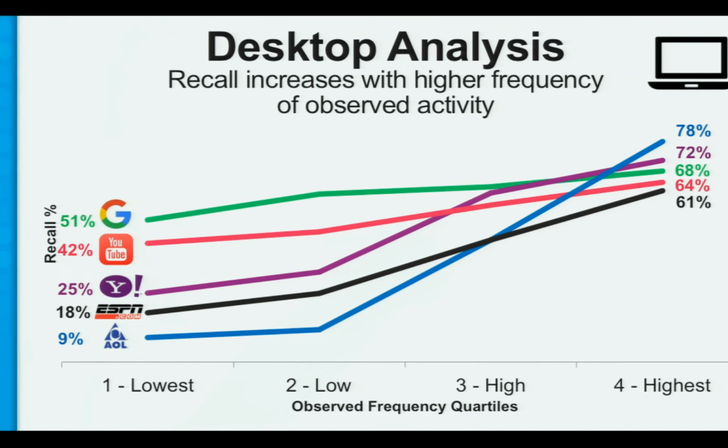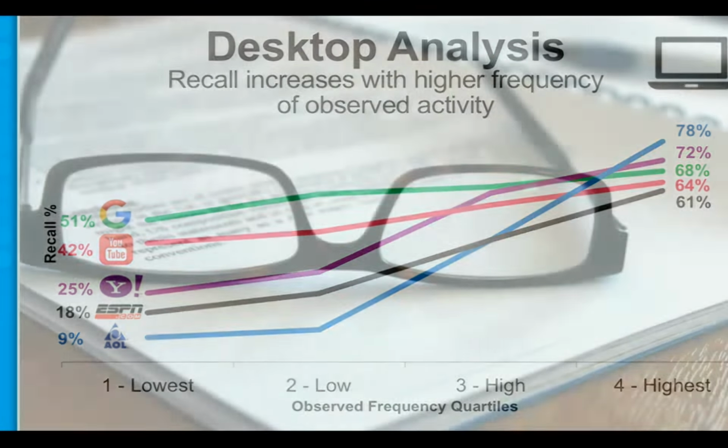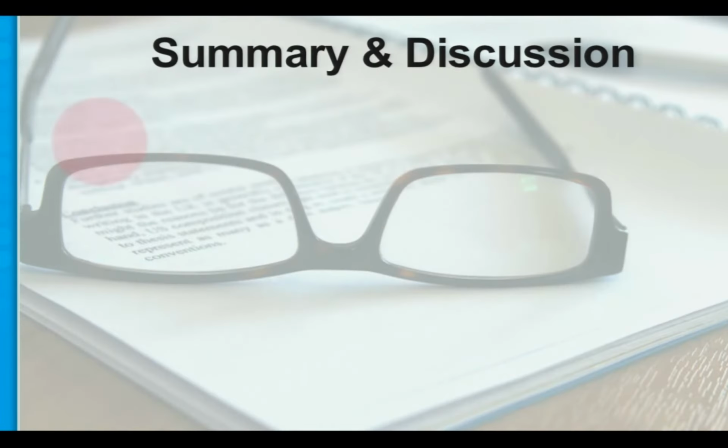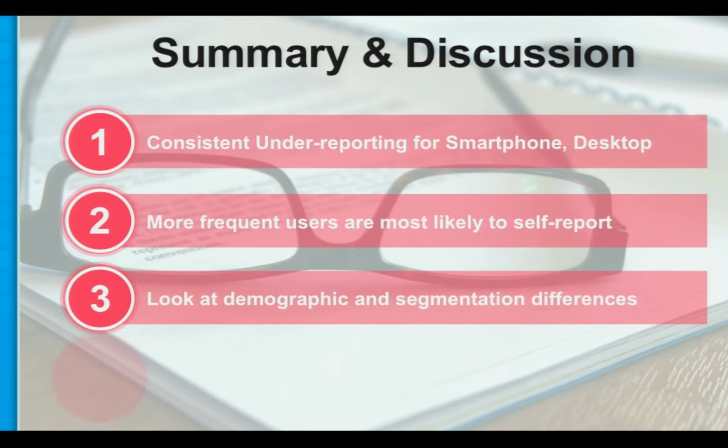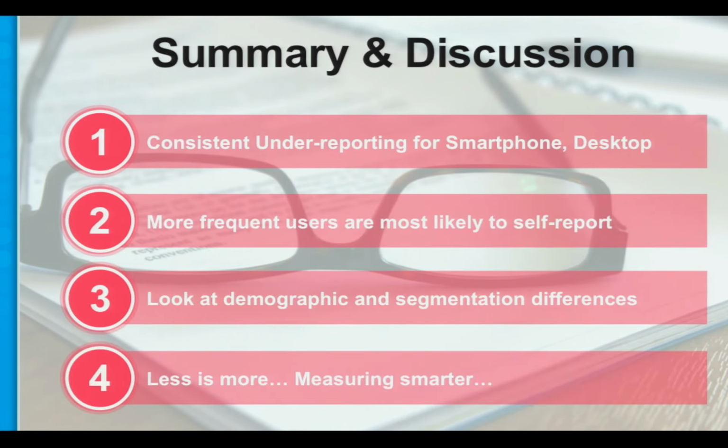We're still pretty happy with the results for the top sites where you did have a lot of agreement. But there's definitely a lot of learning that we could do here in terms of which types of sites provide you with the most consistent data that will also differentiate for us and act as linkage variables for data fusion. So consistent underreporting for smartphone and desktop.